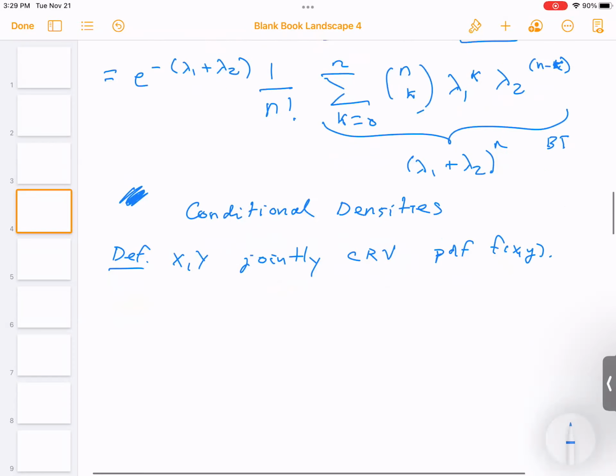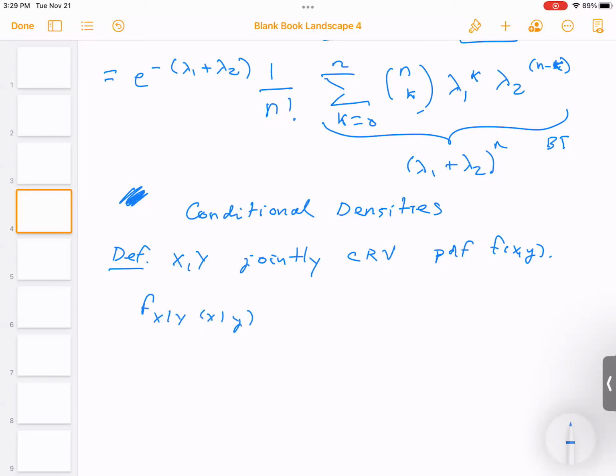Then we define the conditional probability of X given Y as follows: f of X given Y. Those are capital letters, these are lowercase letters. We never put a little bar inside the parentheses of a function as of now, but now we're going to do that to mean the following.